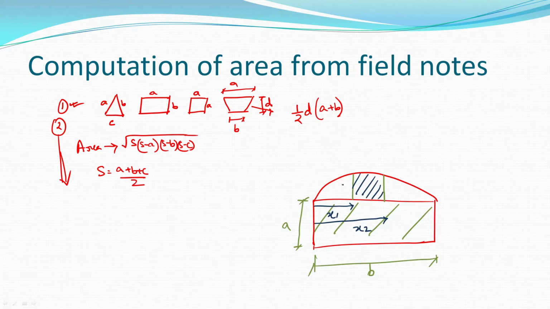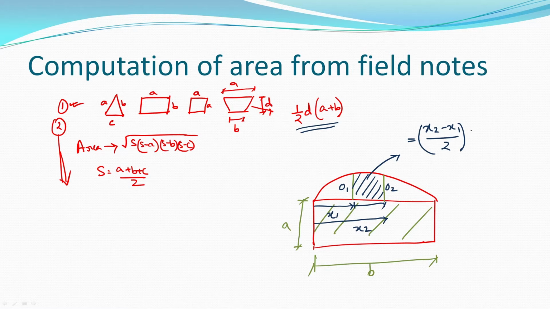And these are the ordinates. Suppose this is O1 and this is O2. So what will be the value of this particular area? That is simple: it is (x2 minus x1) by 2, because you know the formula of the trapezium, right?